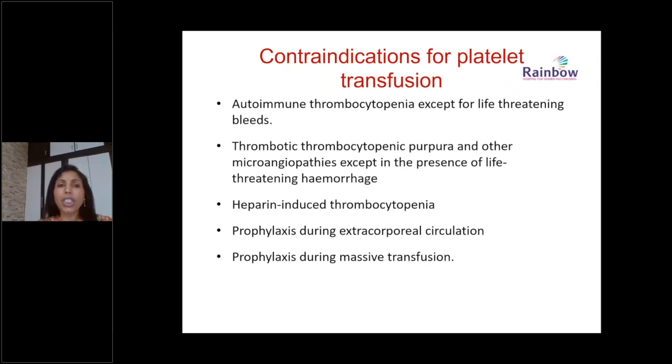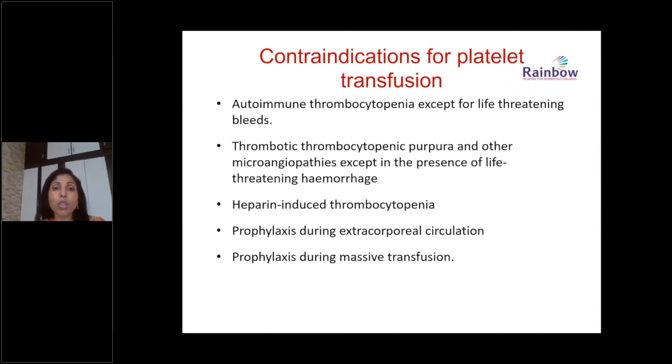So what are the contraindications? Definitely, if you are looking at a child with HIT. It is not a contraindication for autoimmune thrombocytopenias. However, in ITP, there is no role of platelet transfusion. We know that. In thrombotic thrombocytopenic purpura or other microangiopathies, if you transfuse, it may aggravate the situation.